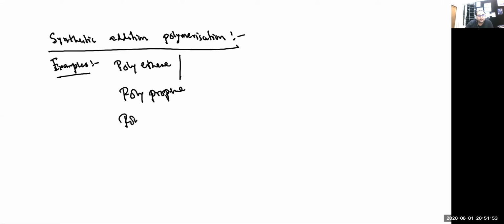So we just learned that examples are polyethylene, polypropylene, polybutene, polyvinyl chloride, and there are others too.